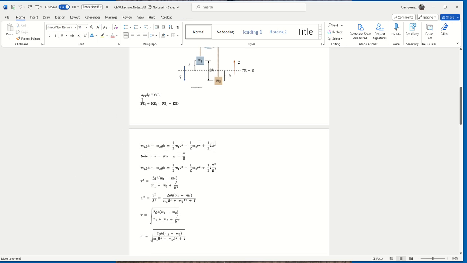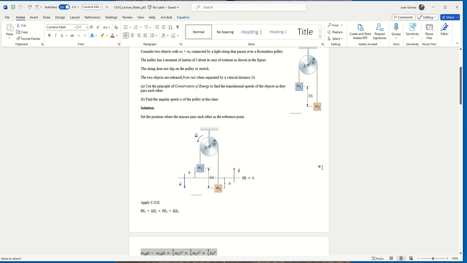So my conservation of energy equation, PEI plus KEI equals PEF plus KEF, gives me this: M1GH minus M2GH equals 1/2 M1V squared plus 1/2 M2V squared plus 1/2 I omega squared.